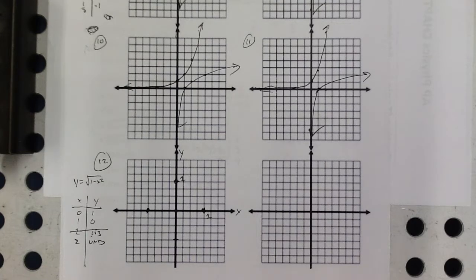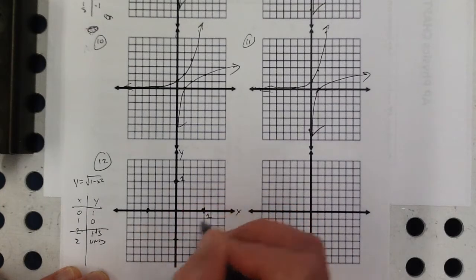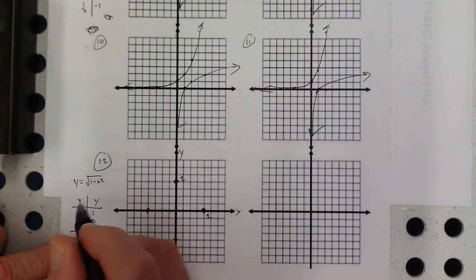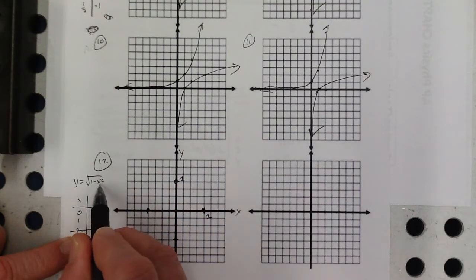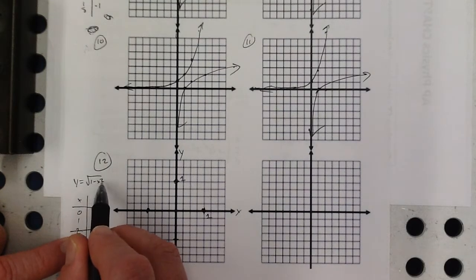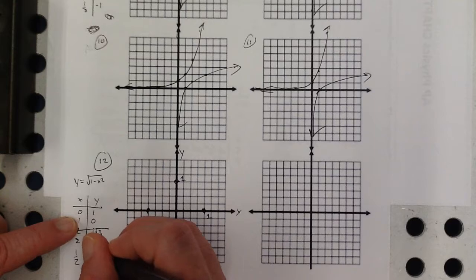So what other things could you plug in? This graph only exists in between here and here. What if I plugged in a half? A half squared is a fourth. 1 minus a fourth is 3/4, and the square root of 3/4 is the square root of 3 over the square root of 4, which is 2.